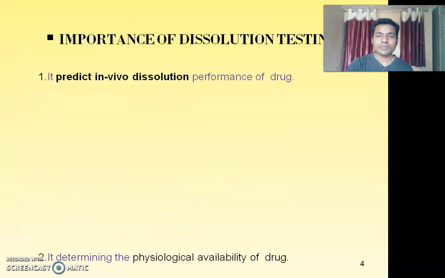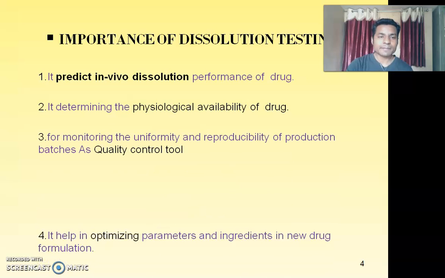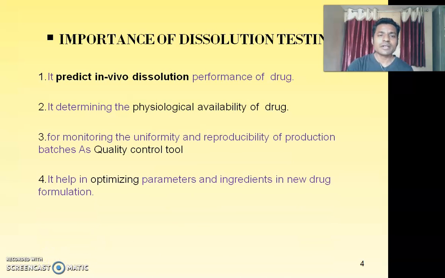Now what is the importance of dissolution testing? First, it helps in predicting the dissolution performance of the drug. On the basis of dissolution data we can predict how the drug shows its dissolution profile in animals, that is the in vivo test, right? Then it helps to determine the physiological availability of the drug.